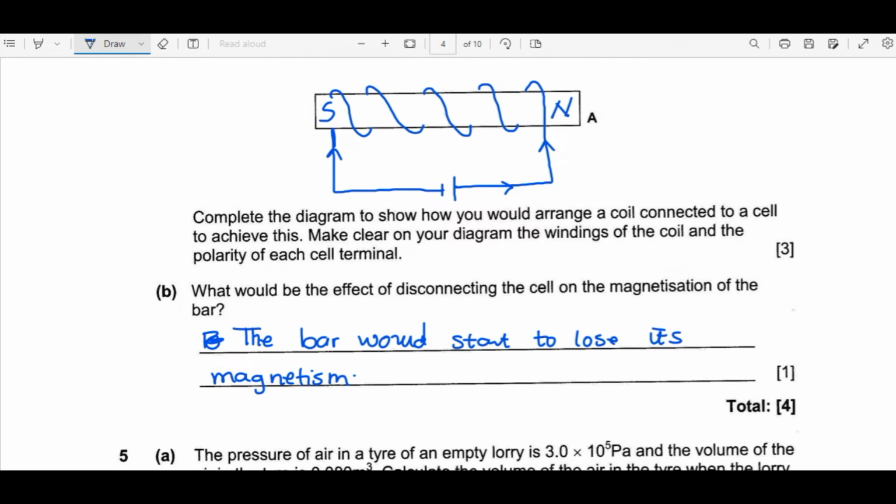The reason why we are saying the bar would start to lose its magnetism is because the type of metal that was used was iron, and we know that iron forms what we call a temporary magnet. That's why we say iron is easy to magnetize and easy to demagnetize. So the process of demagnetization will start taking place after the disconnection is done. So that's what we have. Also, if you want to, we can just say the bar will start to undergo demagnetization because it's easy to demagnetize.